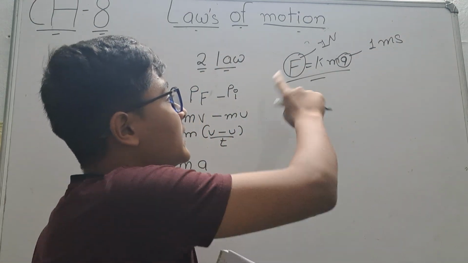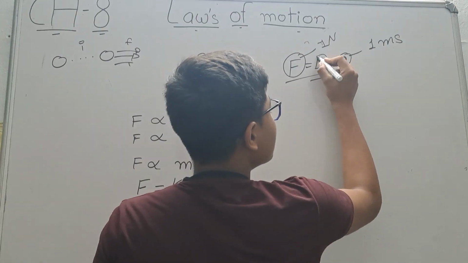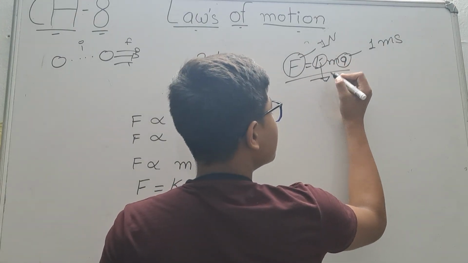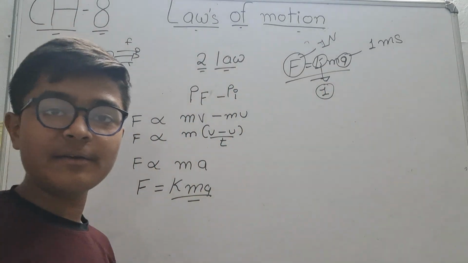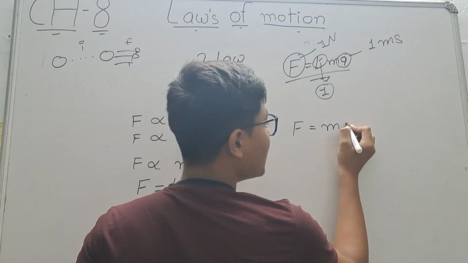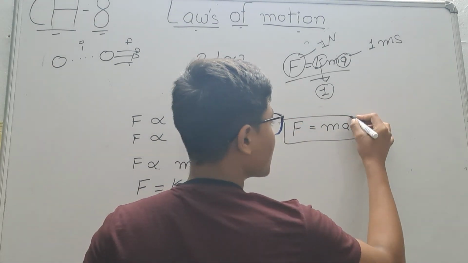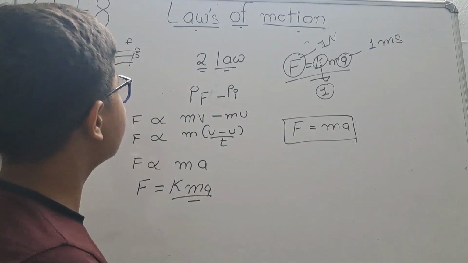So if both values are 1, they found that the value of k is 1. So this formula is experimentally verified. You can write F is equal to ma. This is how we have derived the formula of the second law.